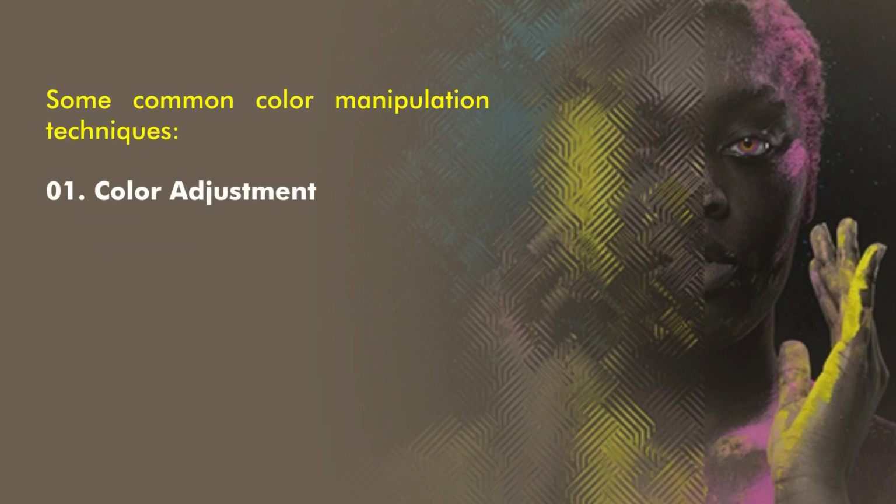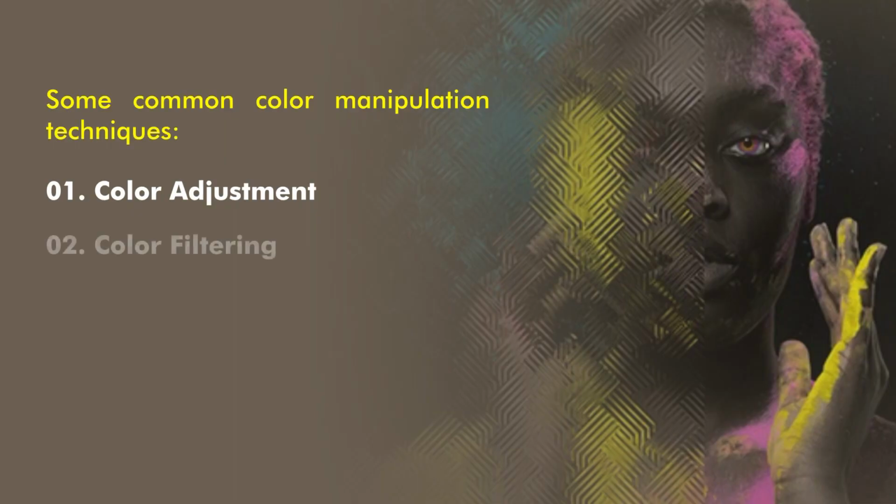First is color adjustment. This involves changing the overall color balance of an image, like brightness and contrast, color balance, hue, saturation and value, or lightness adjustments. Second, color filtering. Applying color filtering can change the mood or atmosphere of an image, for example sepia tone, grayscale conversion, duotone or tritone.